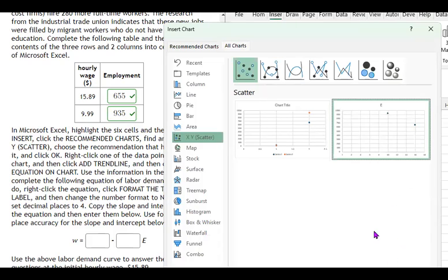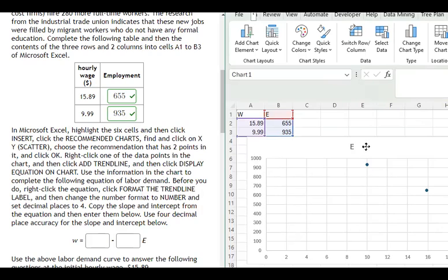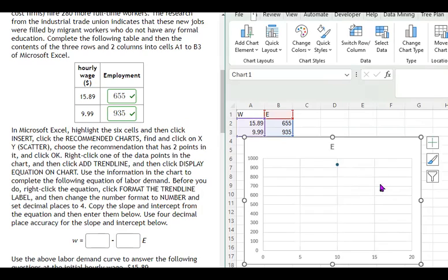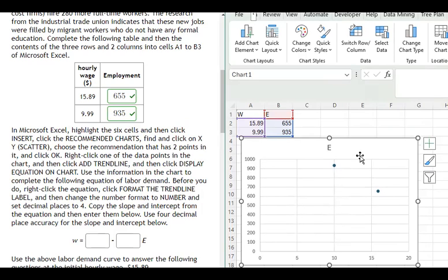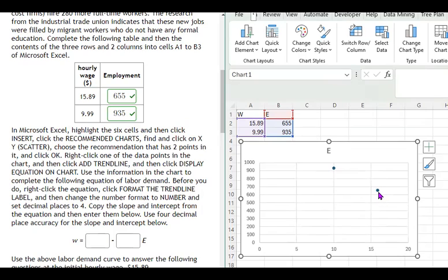It's got 2 points. These 2 points comprise an estimated labor demand. Now, in the real world, we're going to have a lot more points, but these 2 points provide us with a labor demand curve that we can estimate.